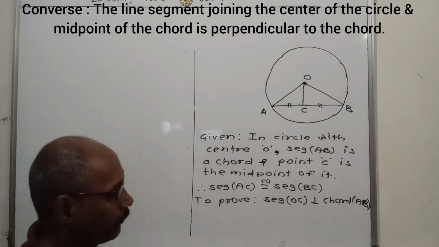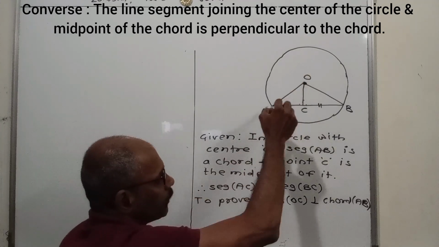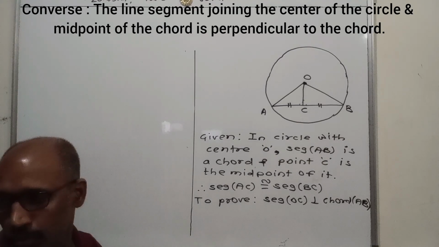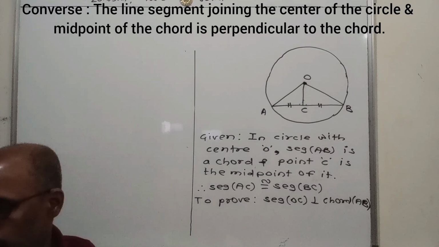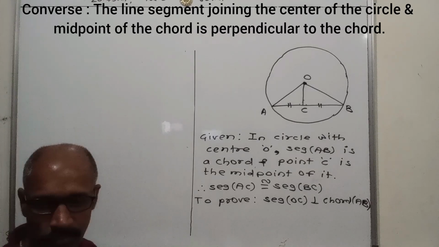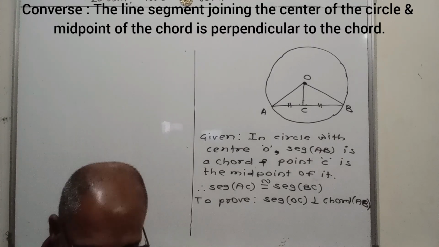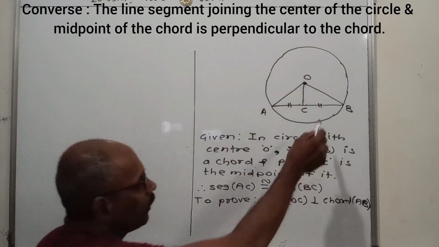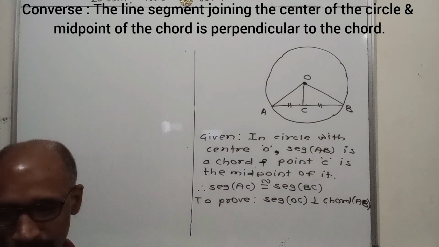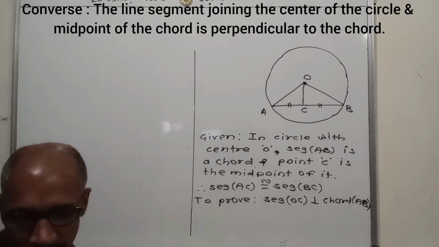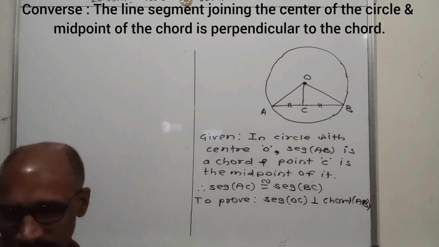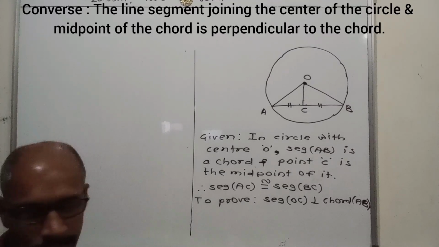When we show that OC perpendicular AB, then what do we show or prove? Anybody? Very good. Angle ACO or BCO, any one must be right angle. Did you get it?